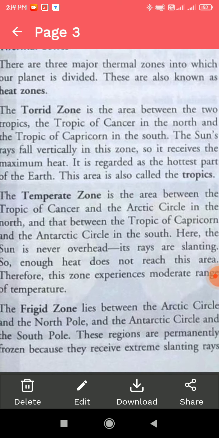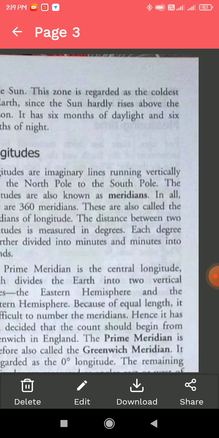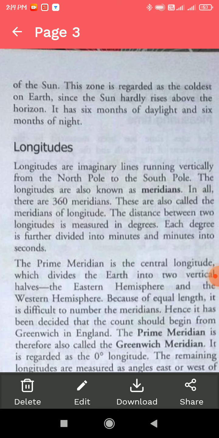Frigid zone, as you can see the word frigid, that means frozen zone. So the frigid zone lies between the Arctic Circle and the North Pole, and the Antarctic Circle and the South Pole. These regions are permanently frozen because they receive extremely slanting rays of the sun. This zone is regarded as the coldest on earth since the sun hardly rises above the horizon.